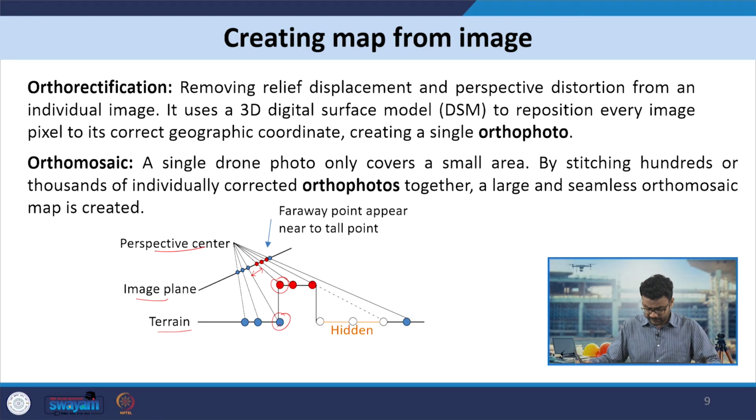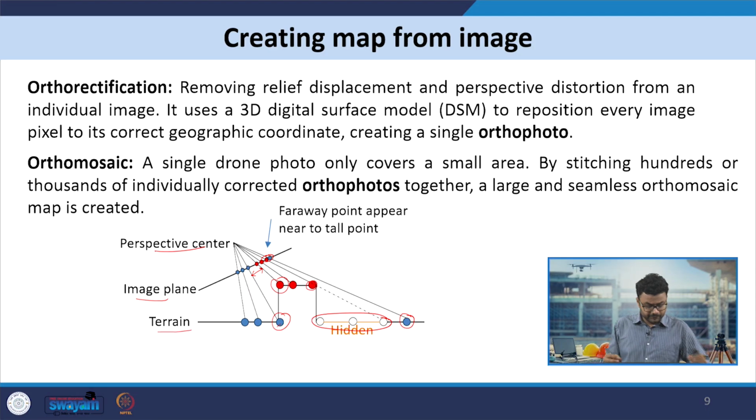At the same time, this very far away blue point and this red point on the building, even though they are very far apart, appear very close to each other. There are also a lot of points on the terrain which are completely hidden in the image because of the building.